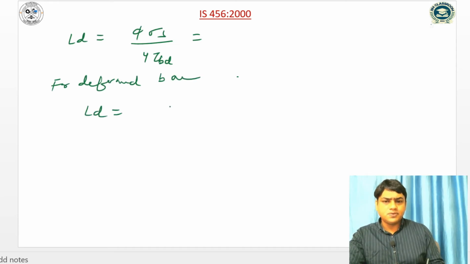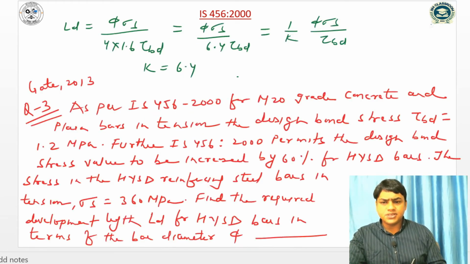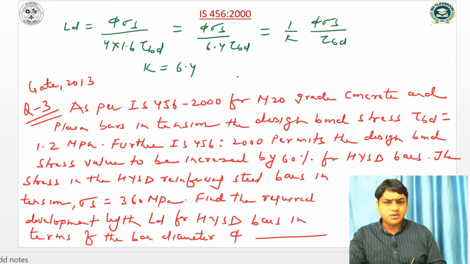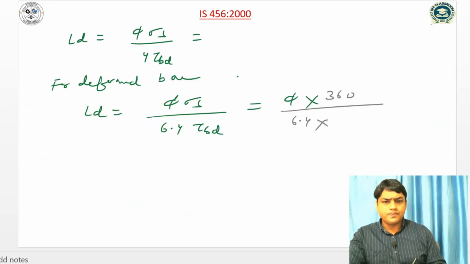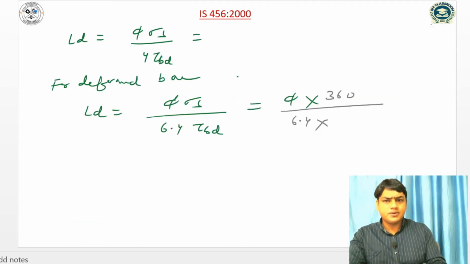So for deformed bar, LD is equal to 5 sigma s divided by 6.4 into tau BD. Sigma s is given as 360 megapascal. So 360 divided by 6.4 into tau BD. Tau BD is given as 1.2.